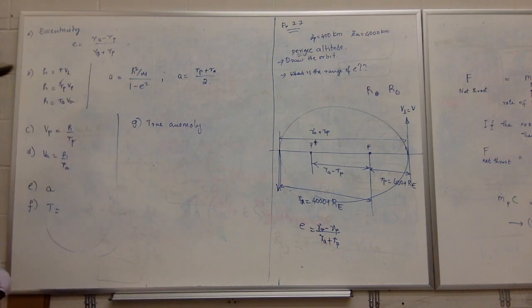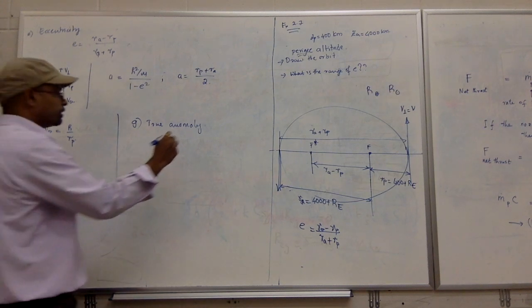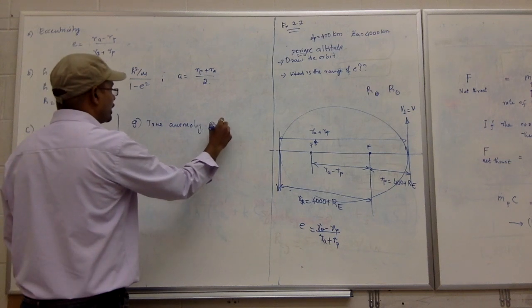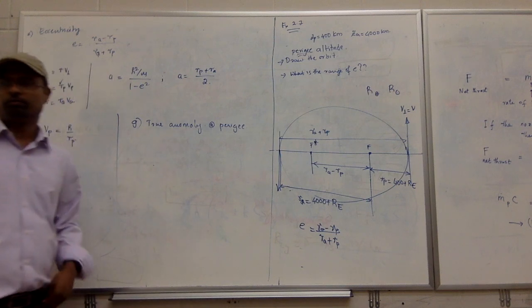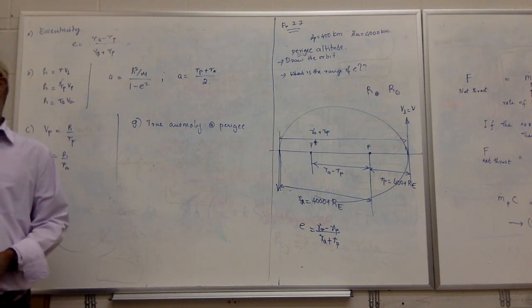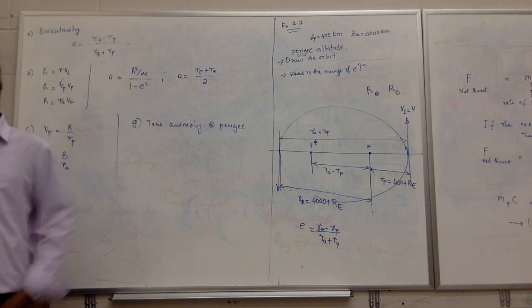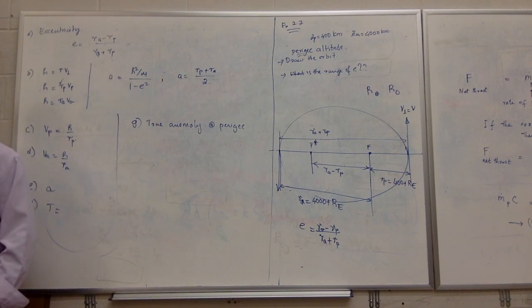If I say calculate the true anomaly at perigee, what are you going to say? Zero degrees. You're not going to go calculate that.